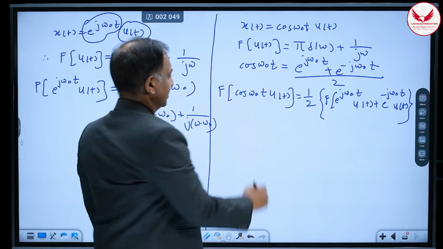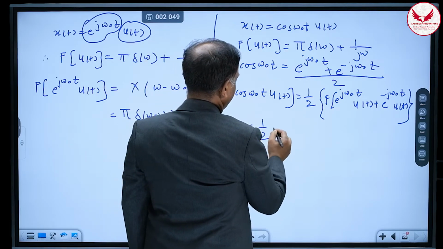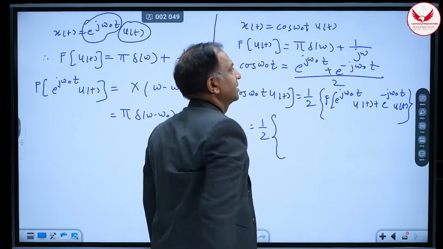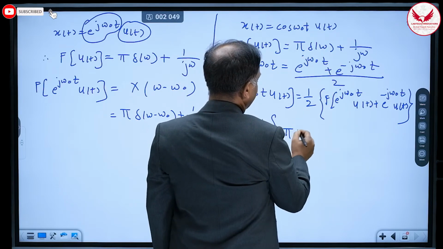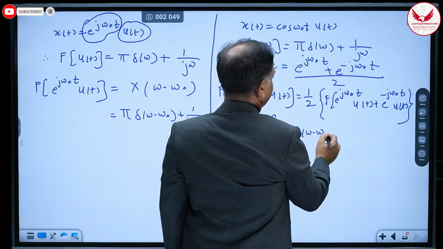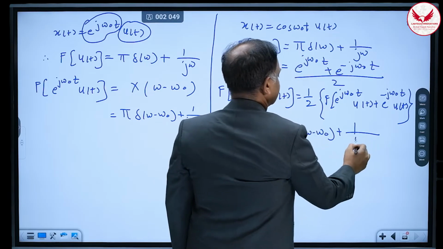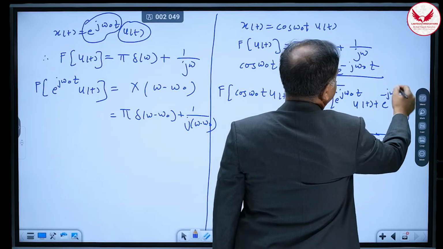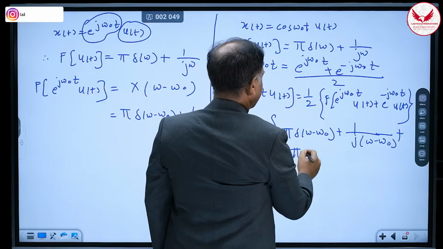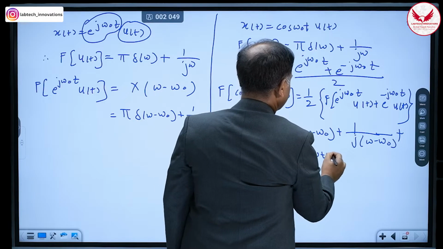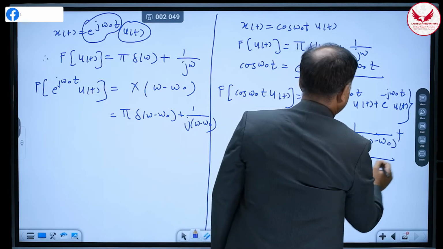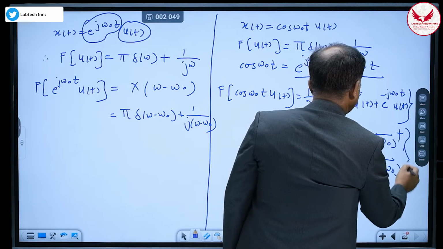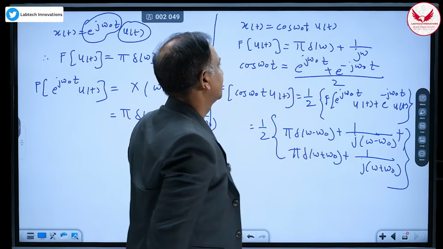So this is equal to 1 upon 2 in bracket, using the frequency shifting property: pi into del of omega minus omega 0 plus 1 upon j into (omega minus omega 0), plus, here it is a minus, so it becomes pi into del of omega plus omega 0 plus 1 upon j into (omega plus omega 0). This is the Fourier transform of cos omega 0 t u of t.